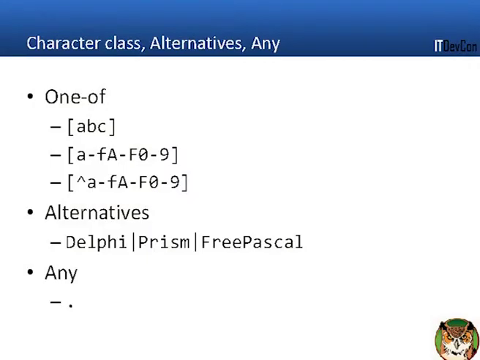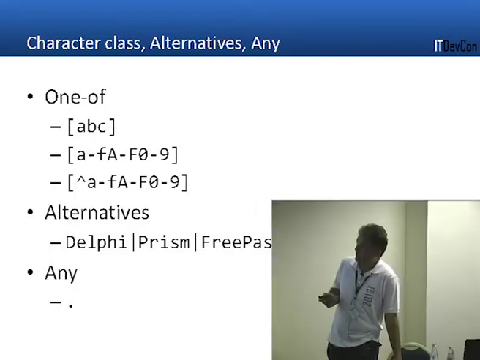A concept called a character class in the language of regular expressions is introduced by a square bracket and is terminated by a square bracket, and means any of the characters inside. So this expression will match A, B, or C. You can use ranges with the minus character.